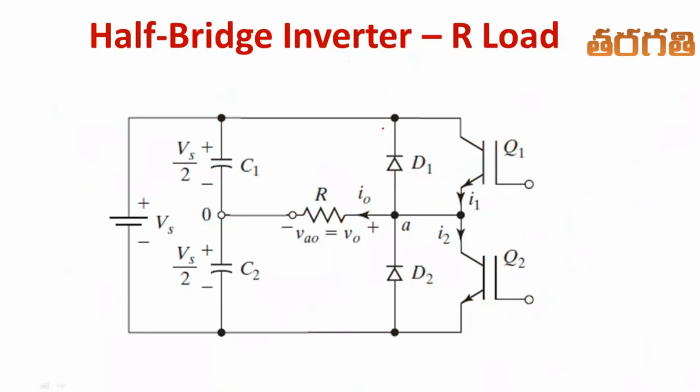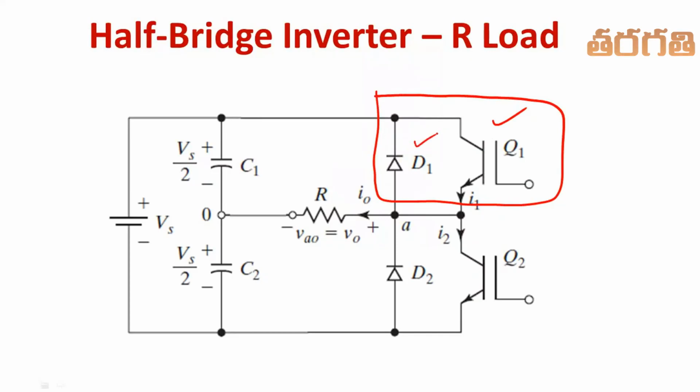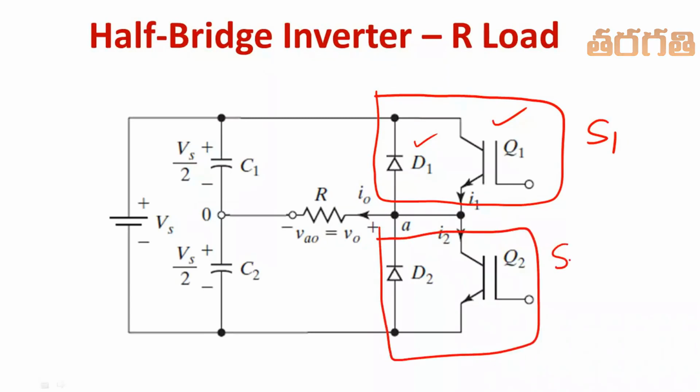The switches are realized with a transistor connected in anti-parallel with a diode. Q1 and D1 represent switch S1, and Q2 and D2 represent switch S2.